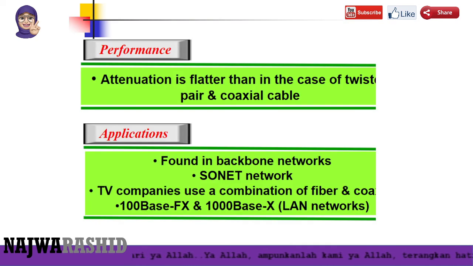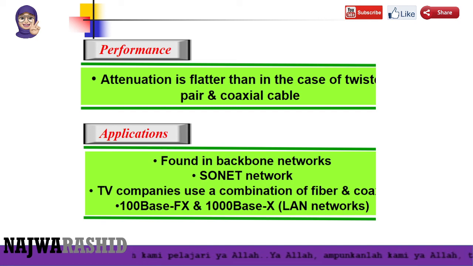Okay, attenuation is flatter in this case compared to the twisted pair and coaxial. Performance is better compared to the coaxial cable and the twisted pair cable, and it is found in the backbone network and the SONET network. We already discussed the SONET network in the optic cable.